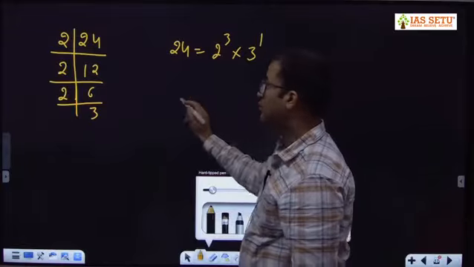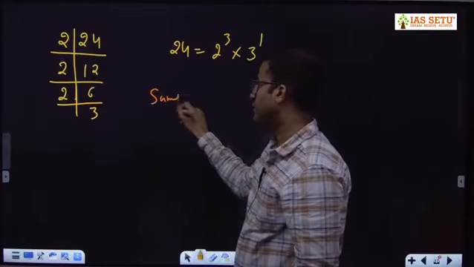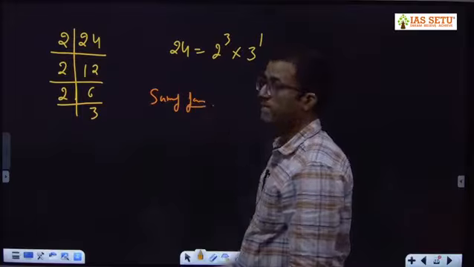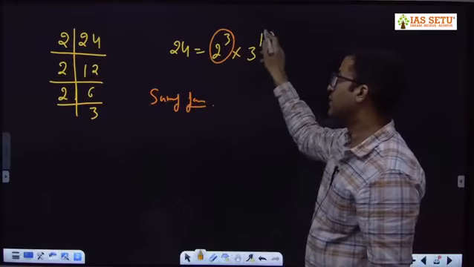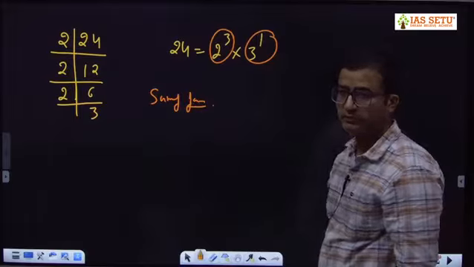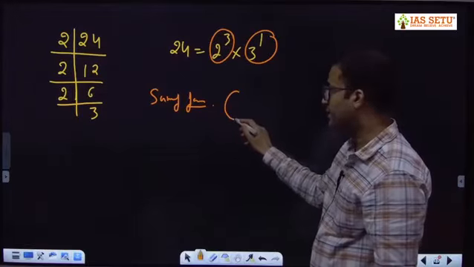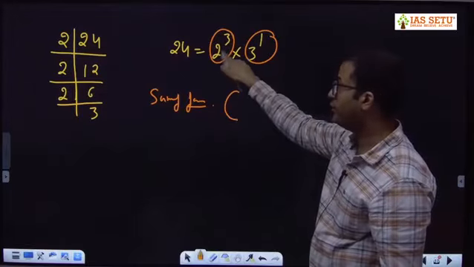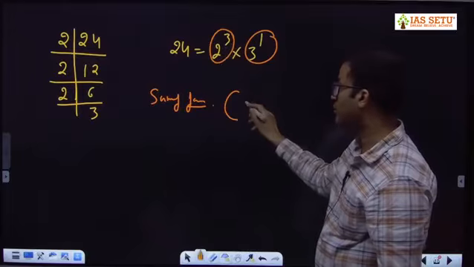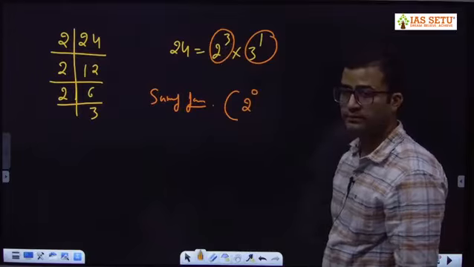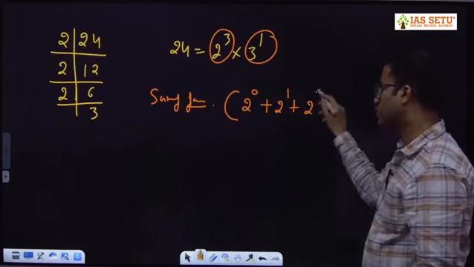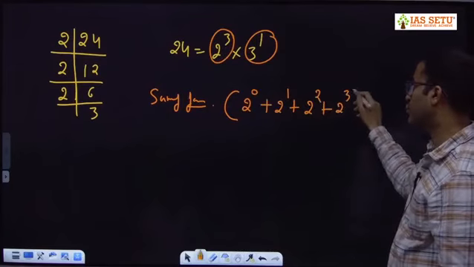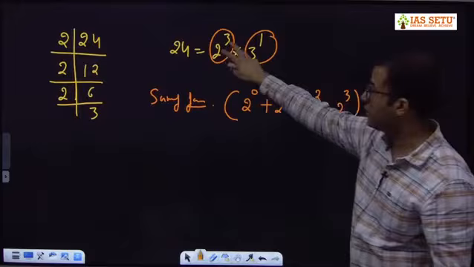Now, sum of factors. Here you have 2 is to power 3, here you have 3 is to power 1. So what you do, bracket start. First you focus on 2 is to power 3. Start from 2 is to power 0 plus 2 is to power 1 plus 2 is to power 2 up to 2 is to power 3. जो यहाँ तक है वहां तक जाना है.